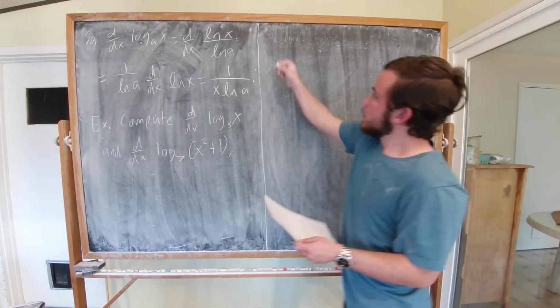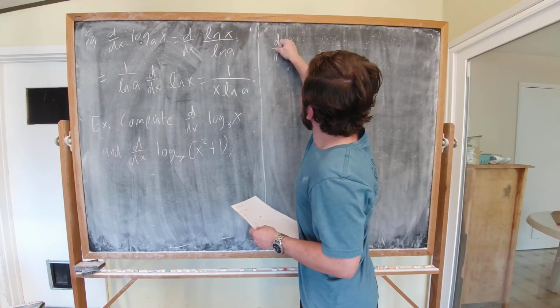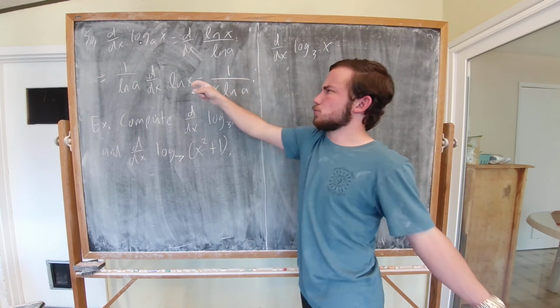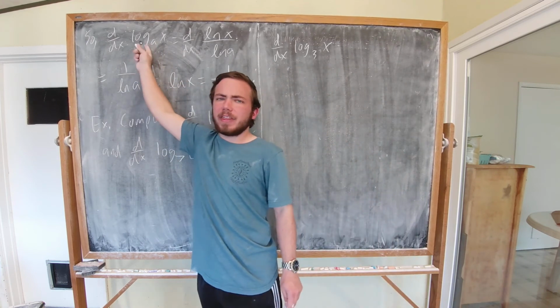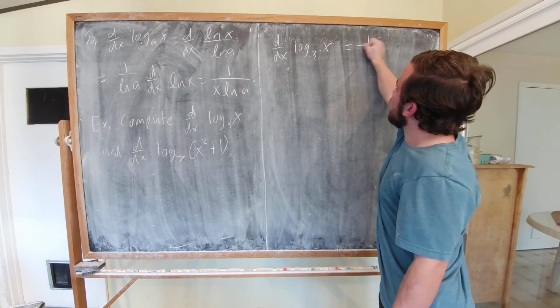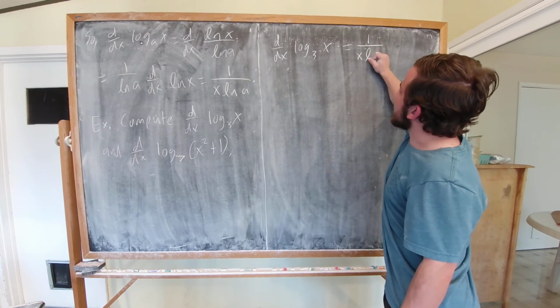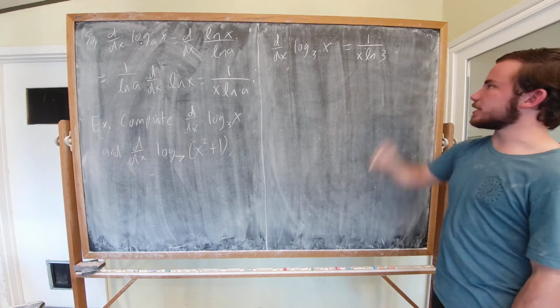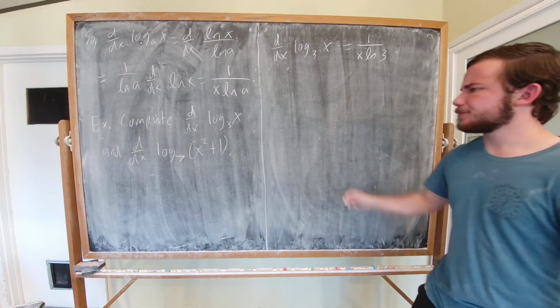Alright. d/dx of log base 3 of x, we're just directly applying this formula with a equal to 3. 1 over x times the natural log of 3. Done and done. How about the other one?